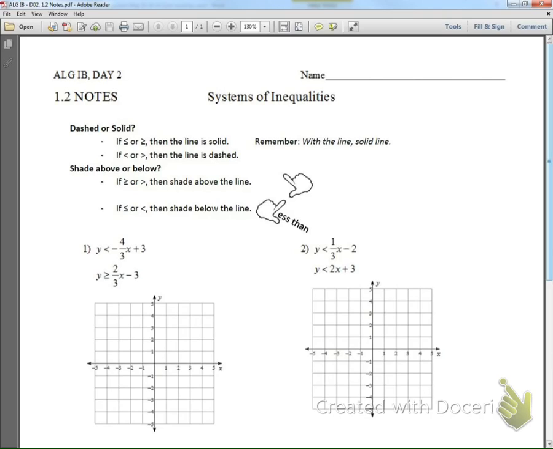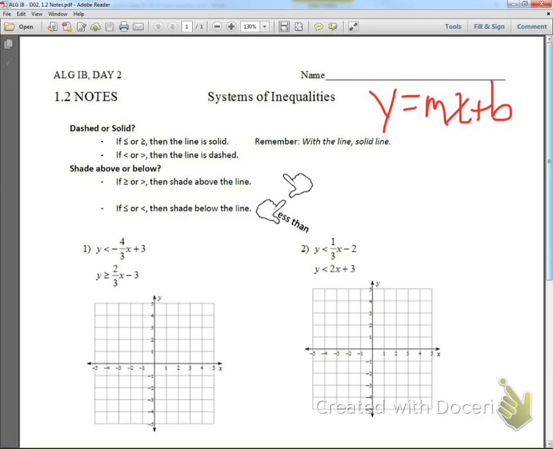When you start off graphing an inequality, it is just like graphing an equation. You will first want to make sure your inequality is in the y equals mx plus b format, the slope-intercept format. The only difference is you're going to have an inequality instead of an equal sign.